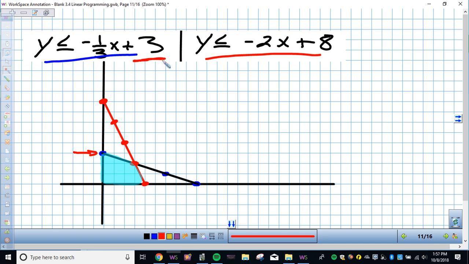You know that from this y-intercept, because it's the smaller of the two y-intercepts, right? This one was 3, this one was 8, smaller one is 3. These lines cross at 1, 2, 3, up 1, 2. So 3, 2 is where the lines cross. And this one crosses at 1, 2, 3, 4. 4, 0.